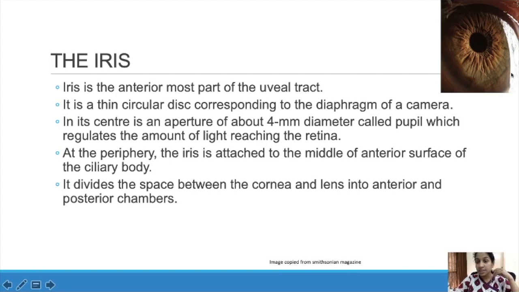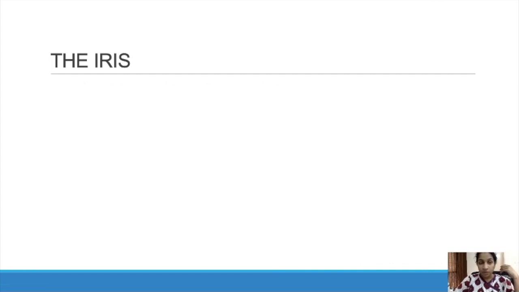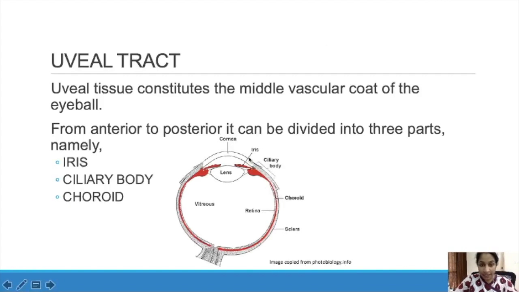So this is the iris, and in the middle you can see an aperture, right? This is the pupil of the eye. This regulates the amount of light falling on the retina. In this picture you can see this is the anterior segment and this is the posterior segment, you all know, right?